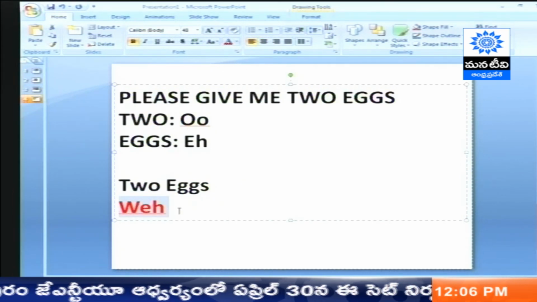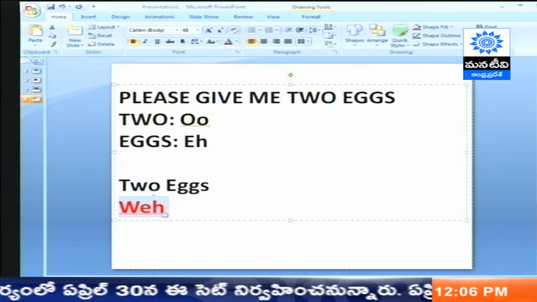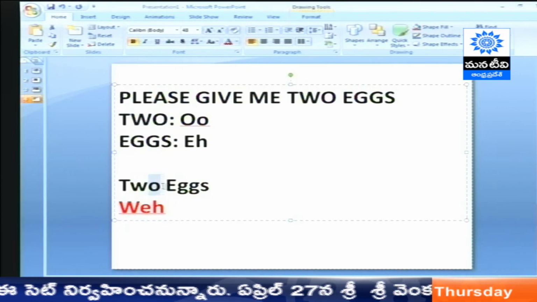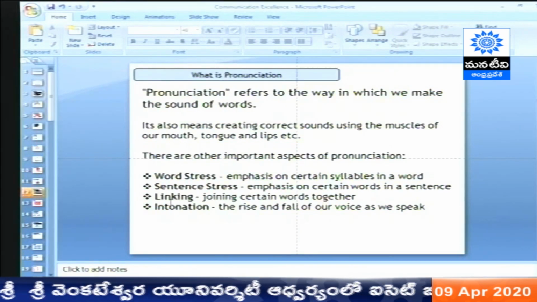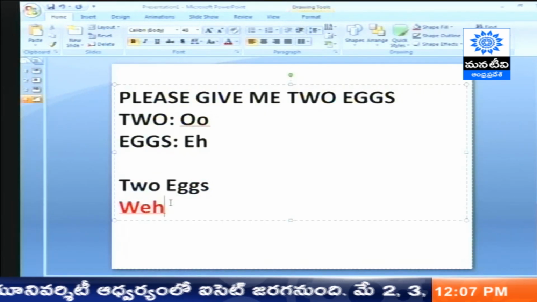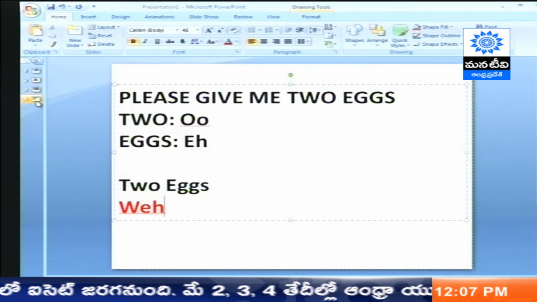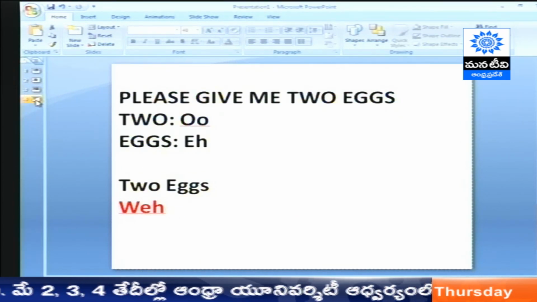What do I mean by this? For example, 2 eggs. So I'm using a way sound in between these two eggs. So when I talk about linking in detail, you will understand what I mean by this. I know it's a little confusing. Let me move over to intonation.